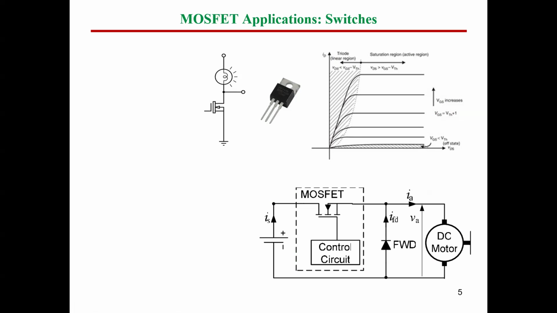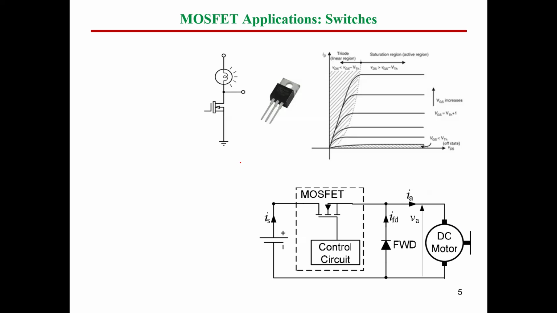So, switch, guys, is nothing but a controlled device. Like the switch of your light at home, we use the switch to turn on the light. The same, we can use MOSFET as a switch to control the operation of electrical circuits.